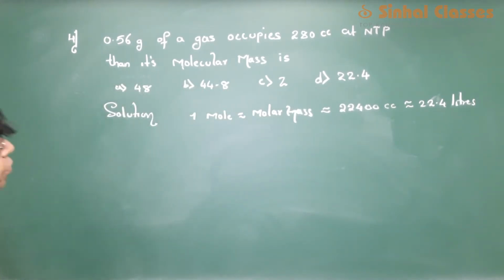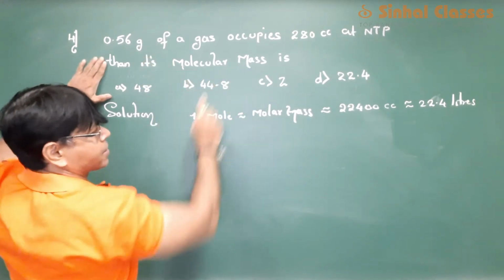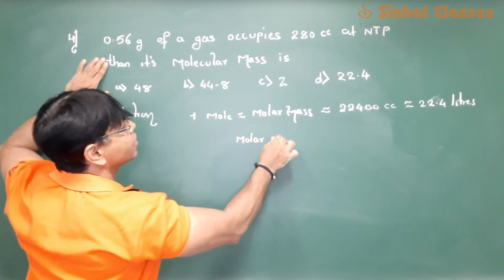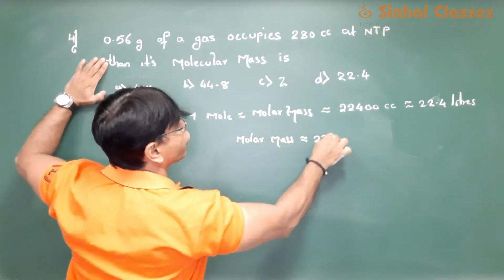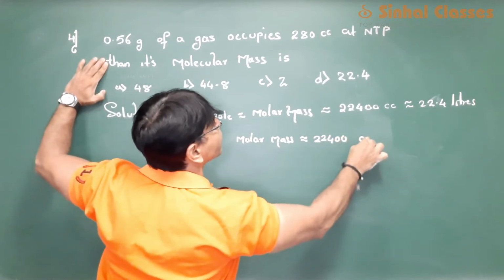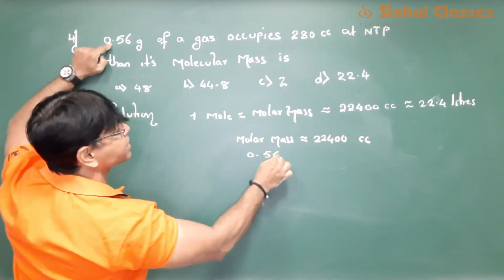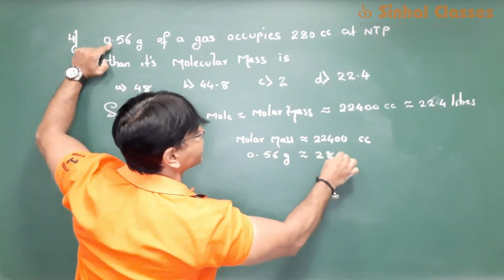Now we want molar mass. We know that molar mass corresponds to 22400 cc. But what is given to you? 0.56 grams corresponds to 280 cc.